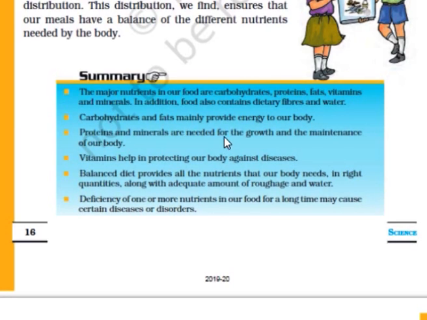Protein and minerals are needed for growth and maintenance of our body. Vitamins help in protecting our body against disease. A balanced diet provides all nutrients that our body needs in the right quantities, along with adequate amounts of roughage and water. Deficiency of one or more nutrients in our food for a long time may cause certain diseases or disorders.